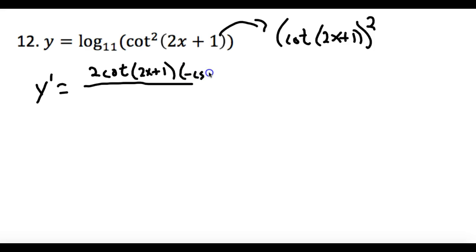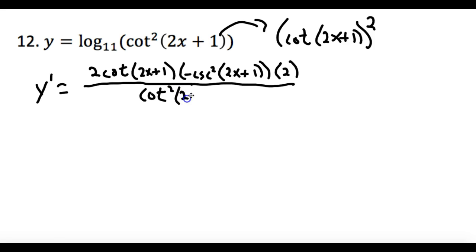So times negative cosecant squared of 2x plus 1 times the derivative of my third layer. My third layer is this 2x plus 1, so its derivative is 2. And that's all going to be over then the inside, which is just cotangent squared of 2x plus 1 times the natural log of the base.